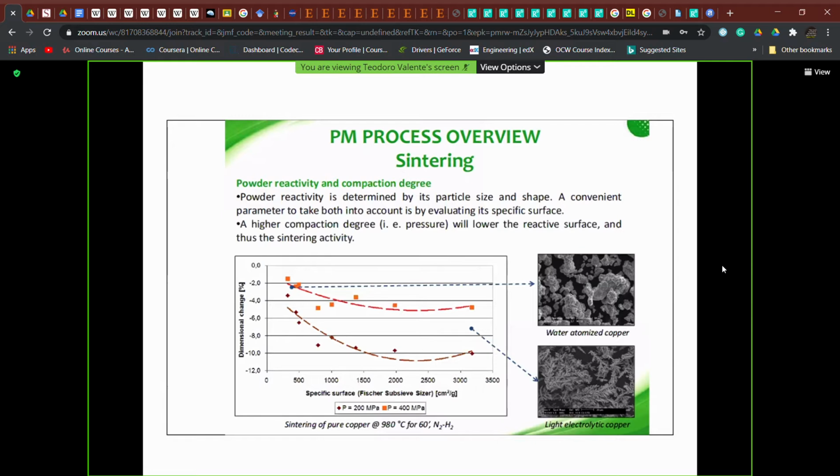But this means that we can get the final results by reducing the kinetics of sintering, but at the same time having the positive effect, as we told before, of reduction of the drawbacks due to the shrinkage in the final component.